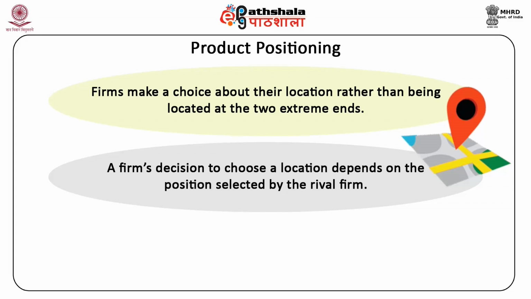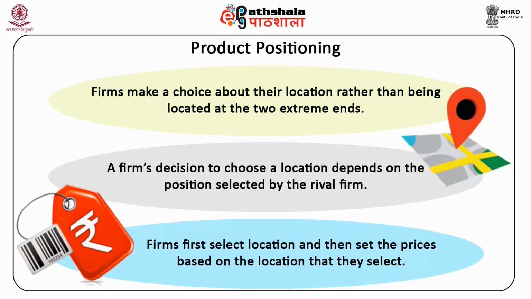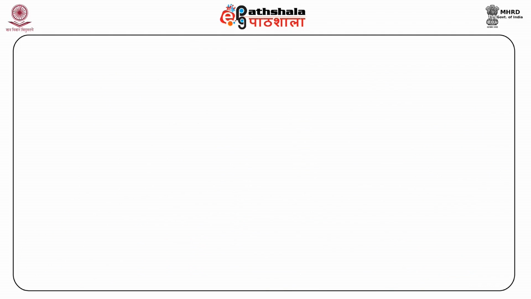While considering the price and positioning of the product, the natural course followed by the firms is to first select location and then set the prices based on the location that they select. If we suppose that firm 2 positions itself on the right half between 0.5 and 1, then the question arises as to whether firm 1 should position itself close to firm 2 or close to 0.